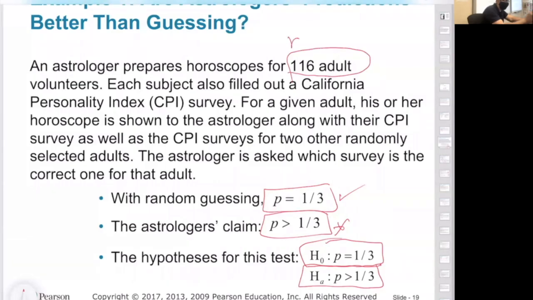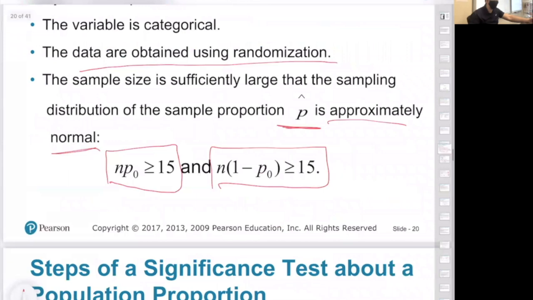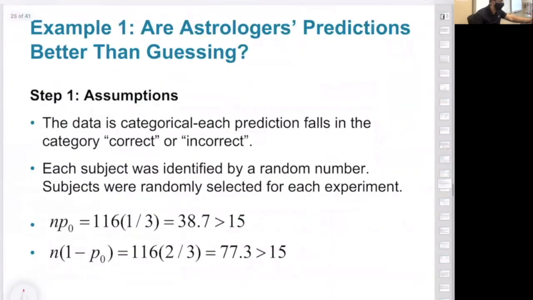This is N. We multiply it by P and by 1 minus P. If the results are greater than 15, we can apply the central limit theorem and continue to perform the test.